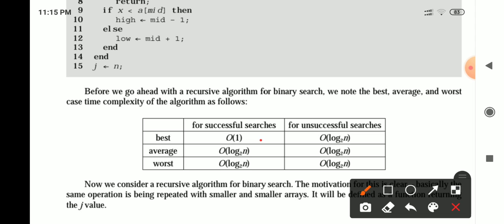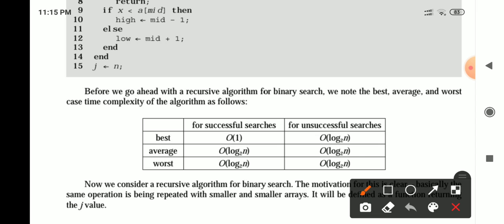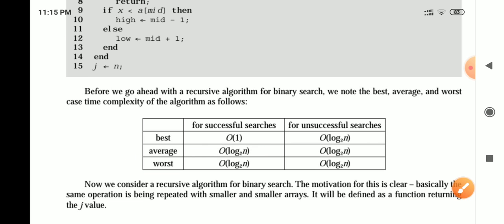The average case is big O of log n, log to the base 2 of n, and the worst case is also big O of log base 2 n. So generally the average case and worst case are similar here. That is the complexity of the binary search algorithm.